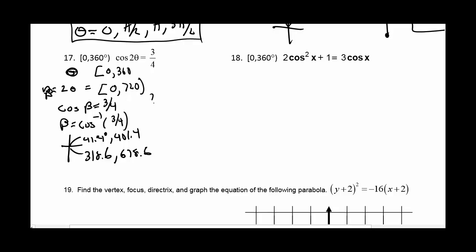Now, before I get too excited and say those are my 4 answers, remember that that was for beta, so 2 theta equals each one, say 2 theta equals 41.4, I want to divide by 2. So I really want to take each of those numbers and divide by 2. So 41.4, and again, this is all calculator, 20.7.